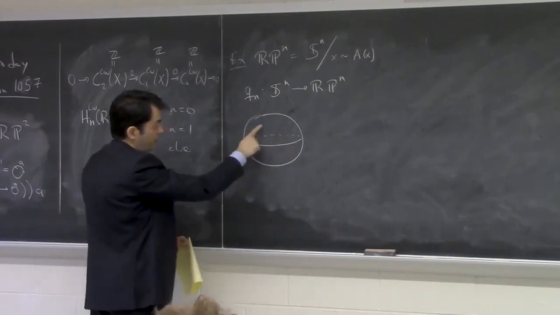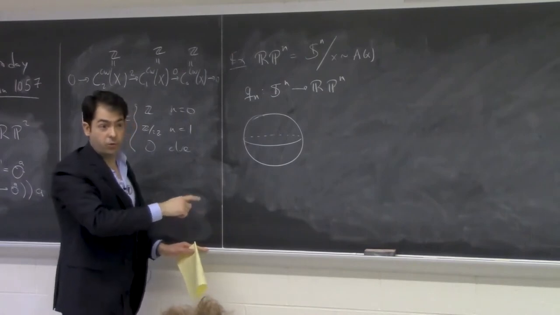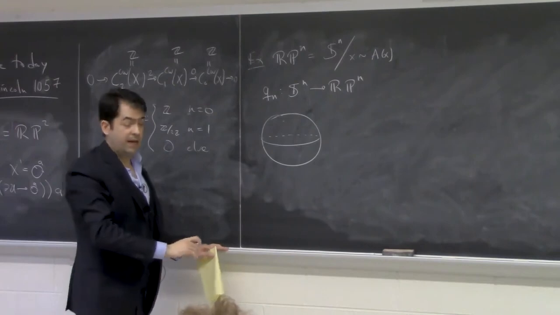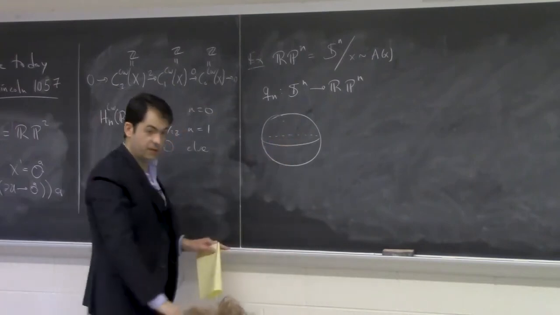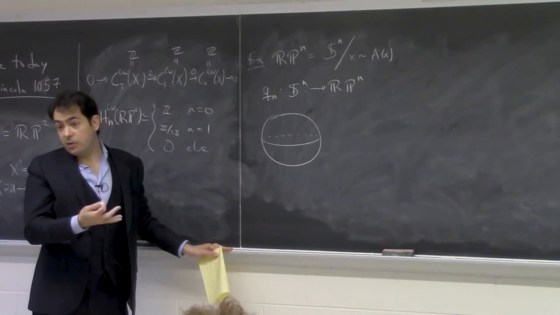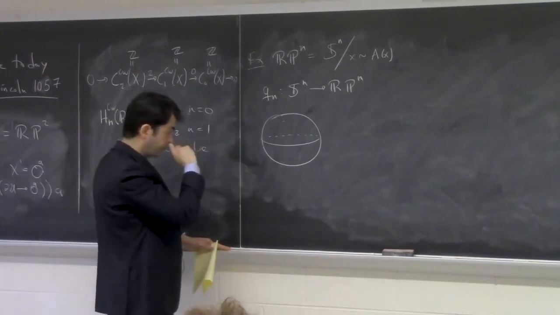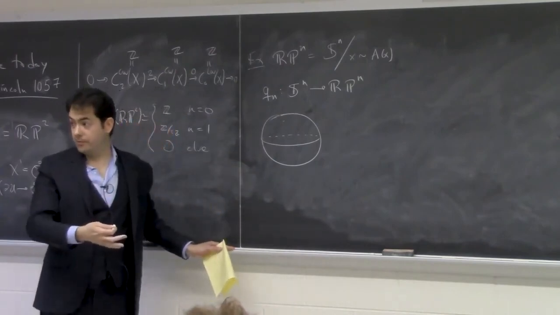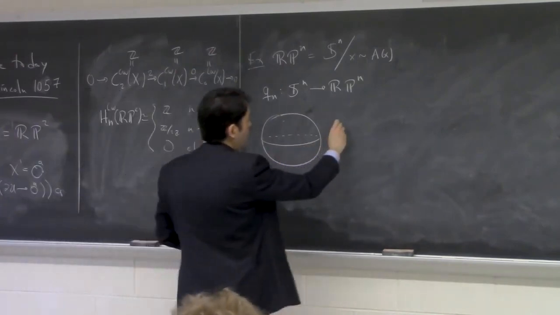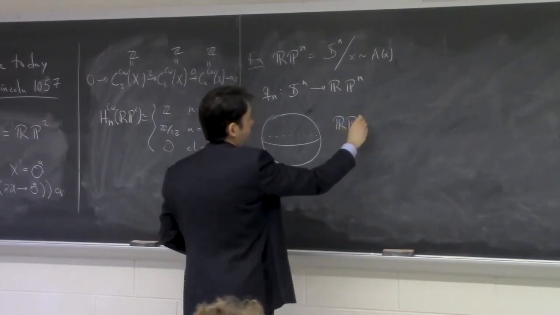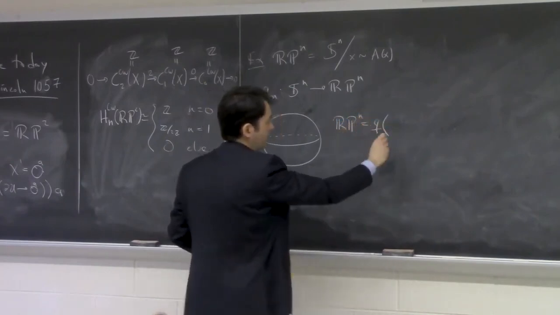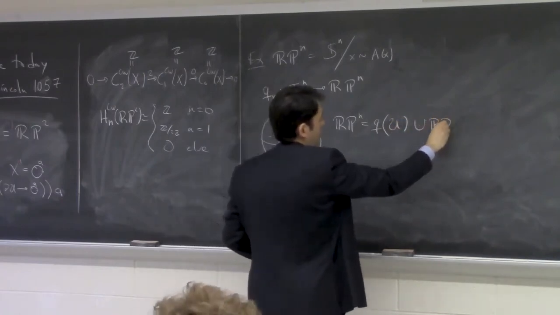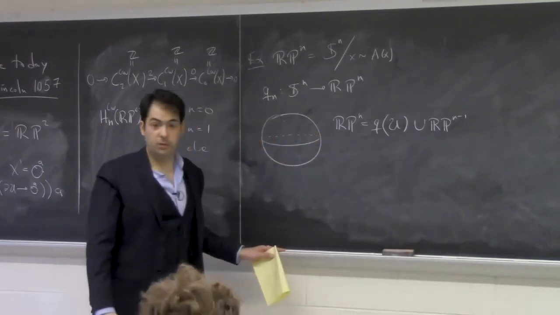If I look at the upper hemisphere and the lower hemisphere, then of course q just identifies points in the upper one with the lower one, and then identifies antipodal points on the equator. The equator is a copy of S^1, and if you're identifying antipodal points there, you're just getting RP^1. So in general, you can always write RP^n as q of, say, the upper hemisphere, and an RP^(n-1) from the equator.